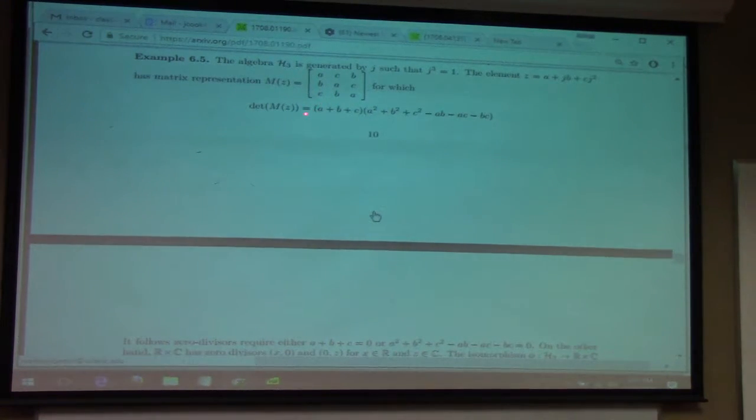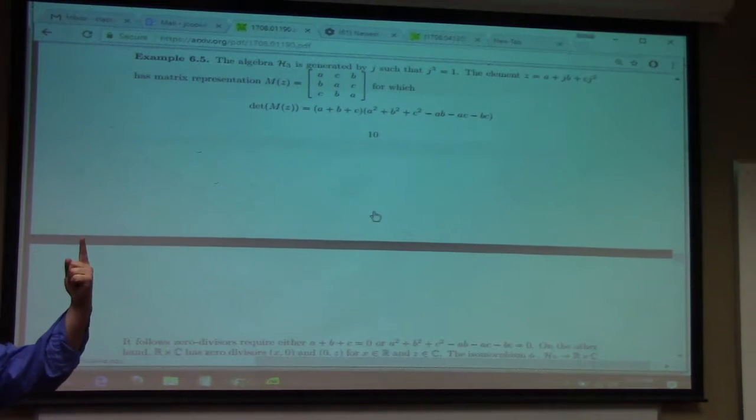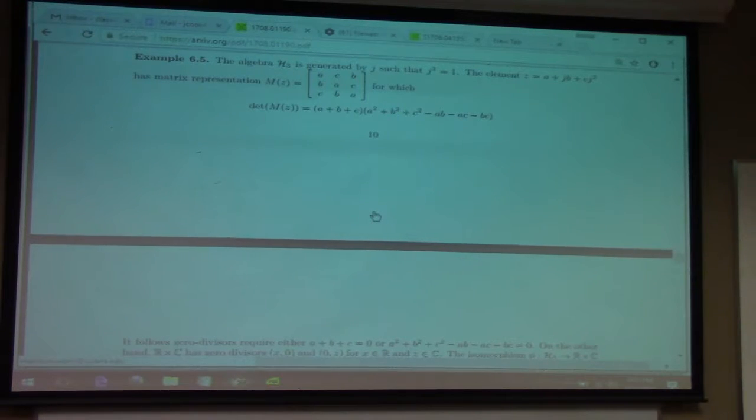The set of A, B, C which makes this 0 is the plane with normal 1, 1, 1. So the 1, 1, 1 line and the plane normal to it are all 0 divisors in the 3 hyperbolics. And that actually tells you something about how to set up the isomorphism to C cross R, right? Because 0 divisors have to map to 0 divisors.